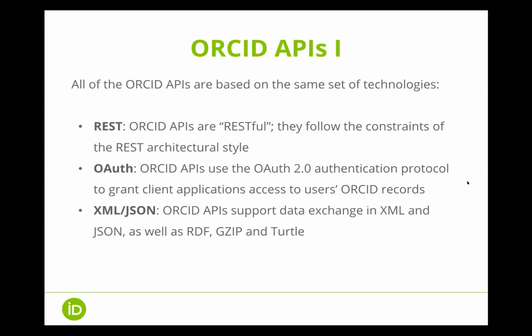And by doing this, not only do you ensure you collect the right ID for the person, but you're also respecting user privacy and consent. And it's also possible to exchange data in XML and JSON format, as well as RDF, gzip, and Turtle.